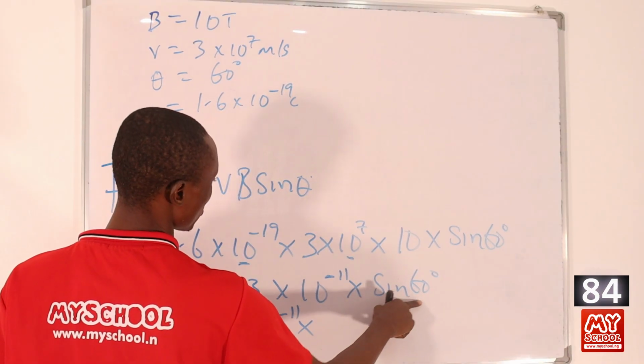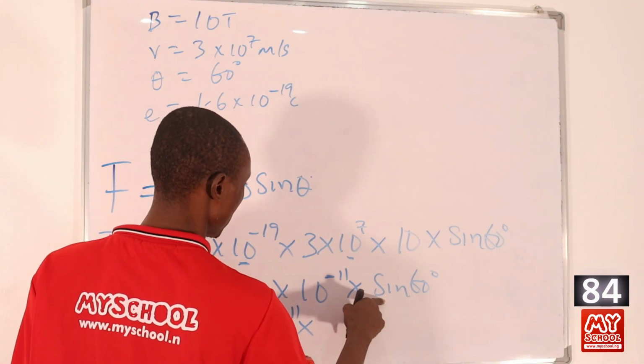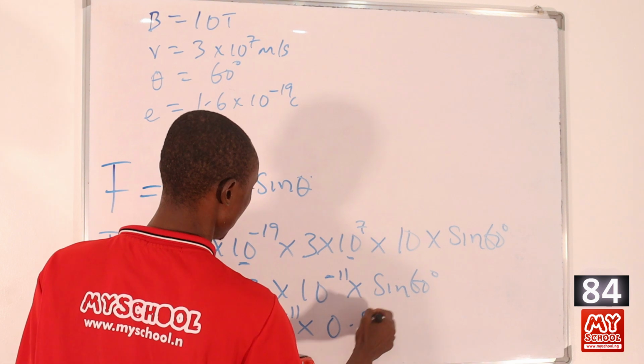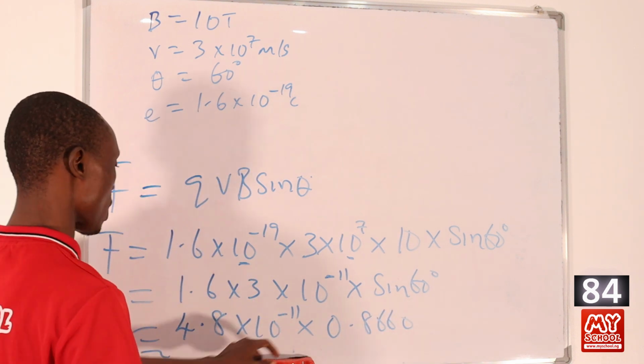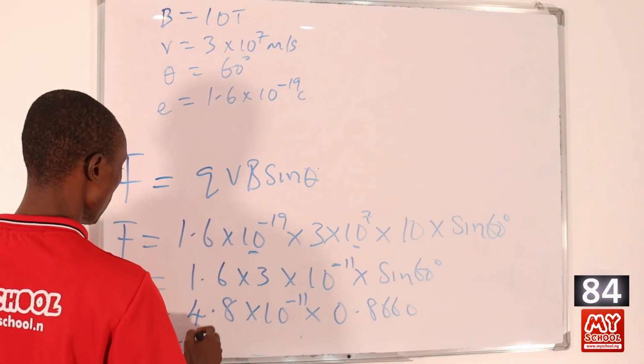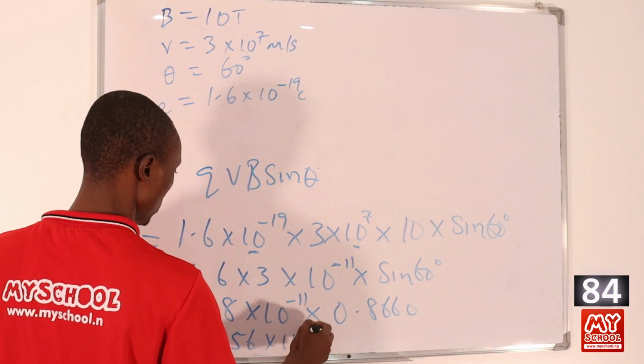Now remember that sine 60 is one of those special angles. It is 0.8660. If we multiply everything, we'll be having 4.156 times 10 raised to power minus 11.